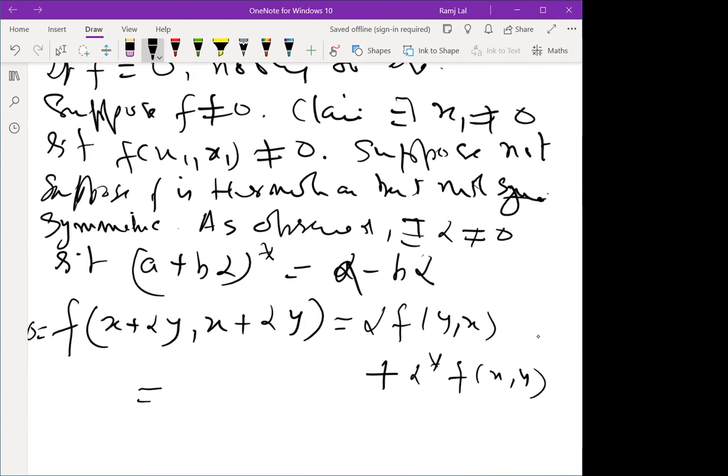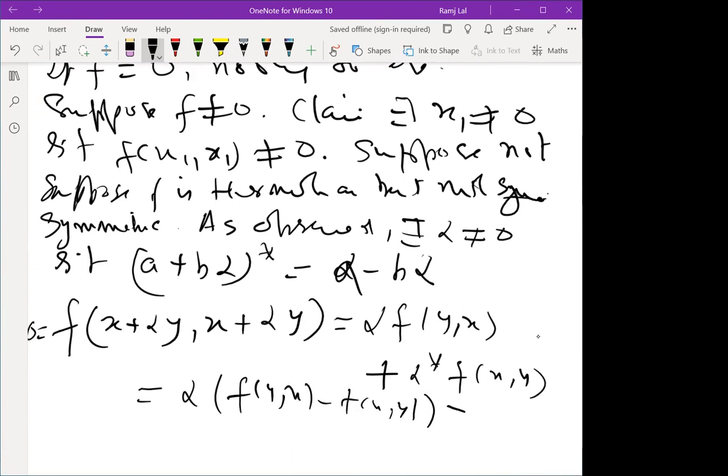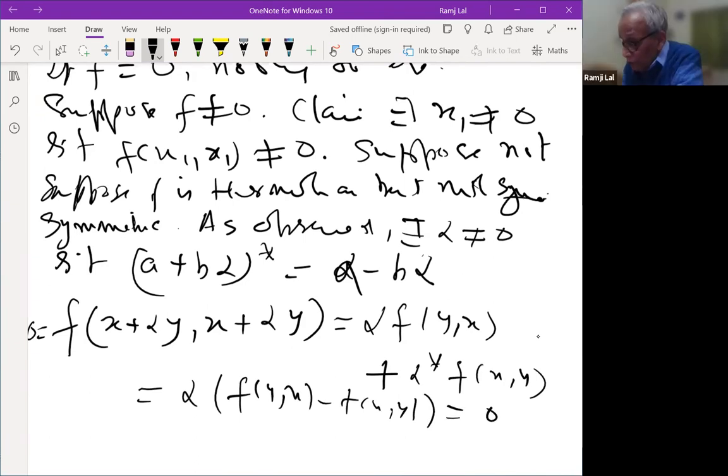So this means that alpha times F y x minus F x y is 0 for every x, y. And alpha is non-zero, so F x y is equal to F y x.